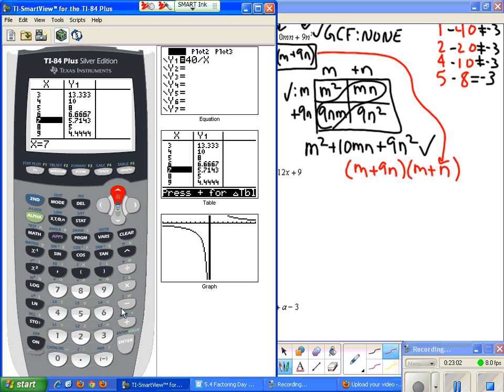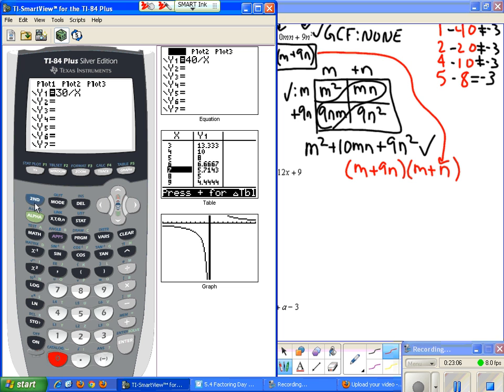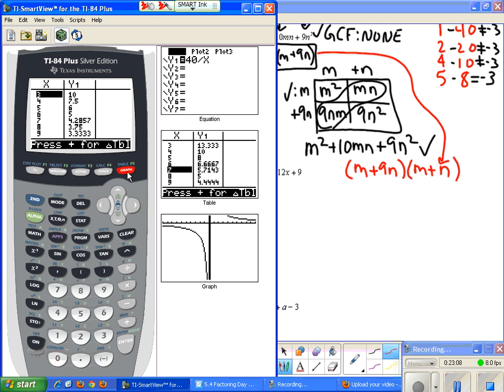So let's use our calculator to help us again. So I'm going to do 30 over x. Go to my table. And factors of 30 that add up to negative 7. And so we said the larger number has to be negative, so I'm just going to do this on my calculator this time. So this would be negative right here.